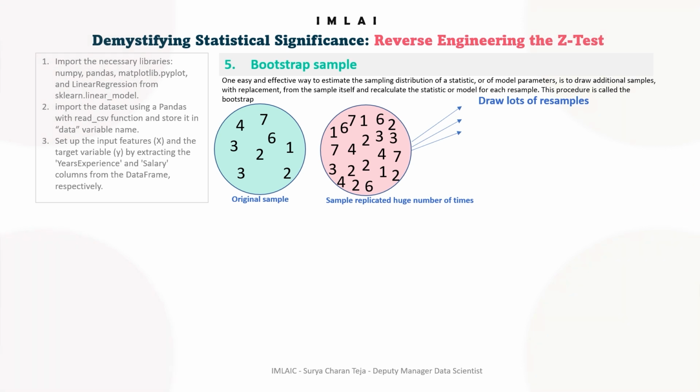So in our example, salary and years experience, we are using bootstrapping to create a sampling distribution of the regression coefficients for the feature years experience in predicting the target variable.